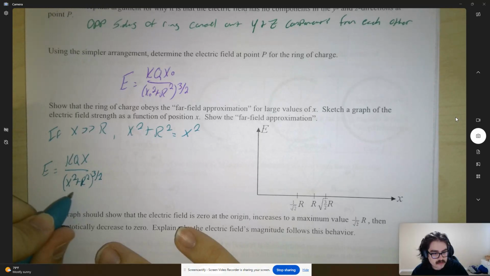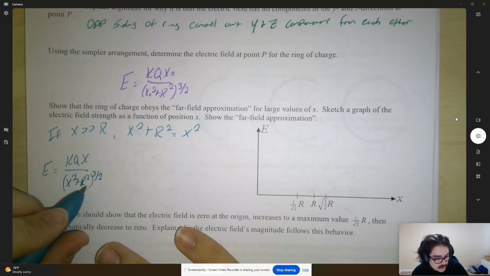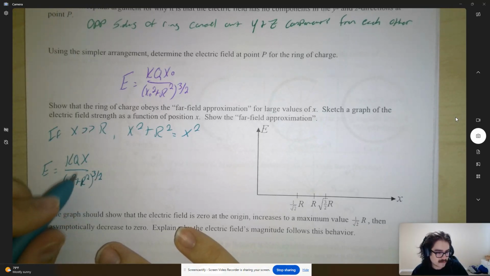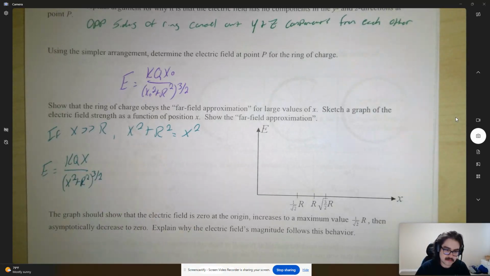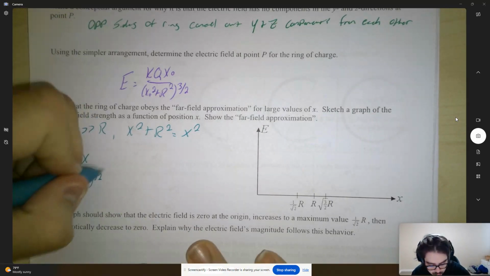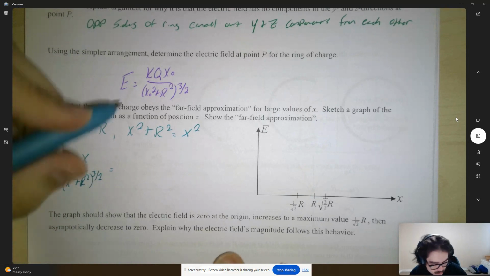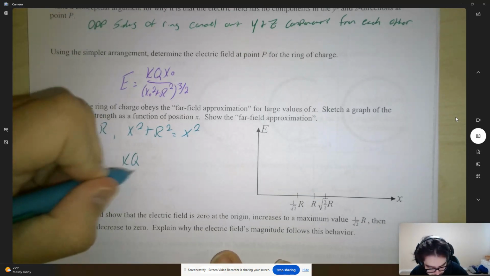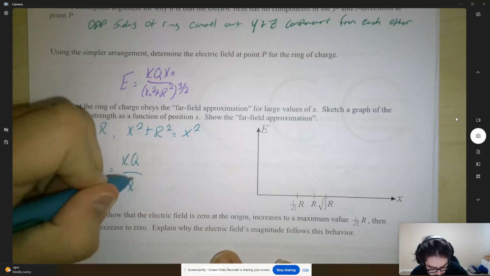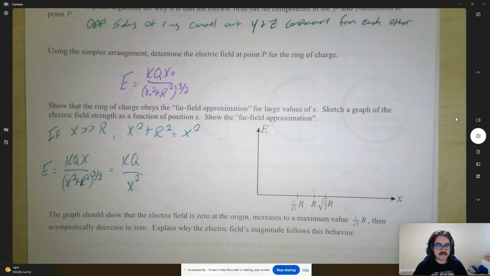This part just becomes x squared, which cancels with the exponent. You get x cubed in the denominator, and it cancels the x up there. It's the exact same steps from last time, so I don't need to show all of that. You get KQ over x squared, the inverse square relationship.